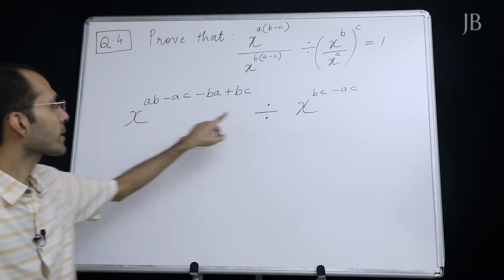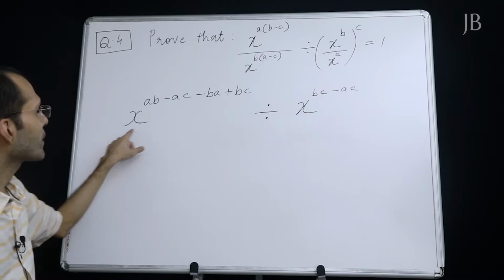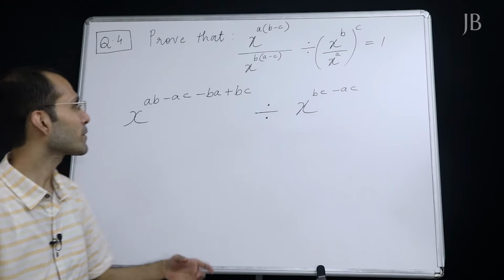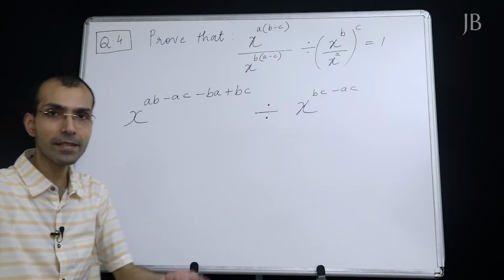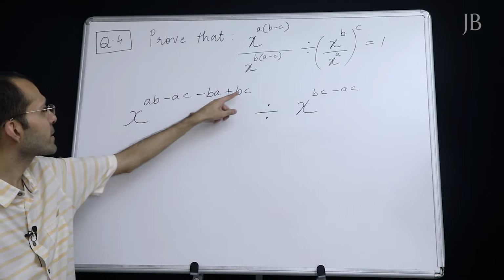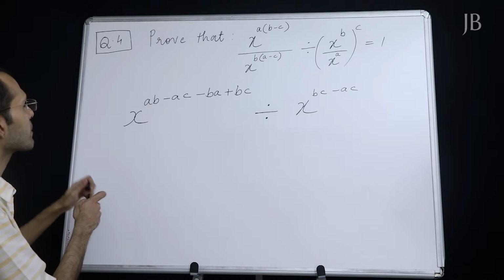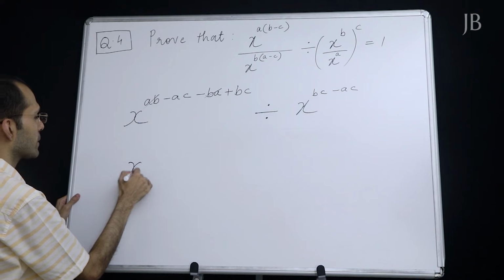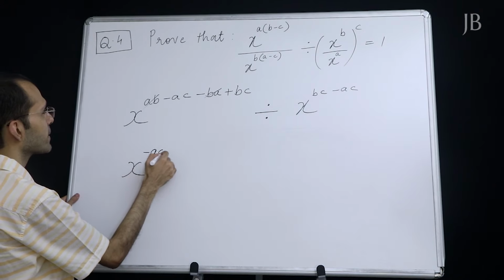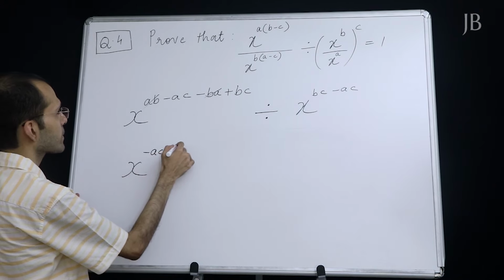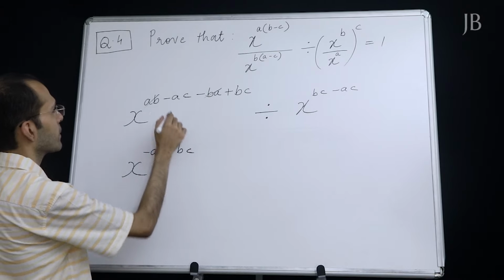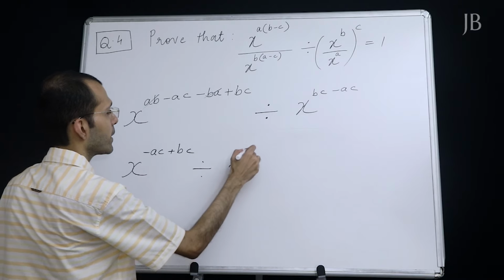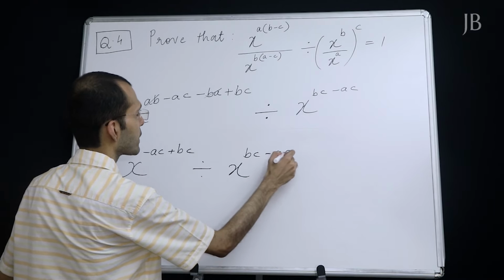Now here again luckily the bases are the same and there is a division sign, one and the same thing. So what to do with the powers? Powers can be subtracted. But before that, let's see if this results in something smaller. Yeah, nice. AB minus BA, gone. So this works out to be x raised to minus AC plus BC divided by x raised to BC minus AC.